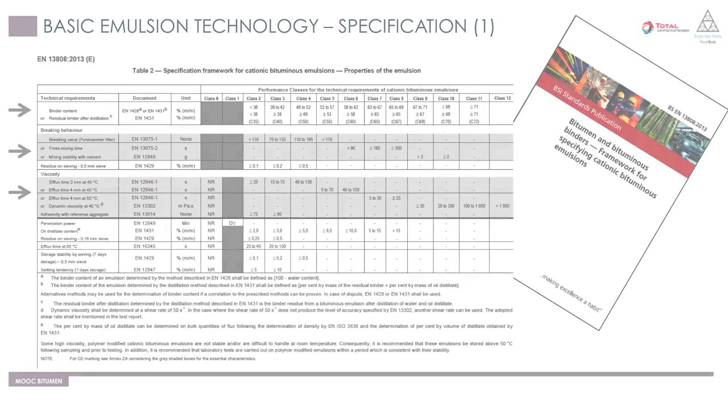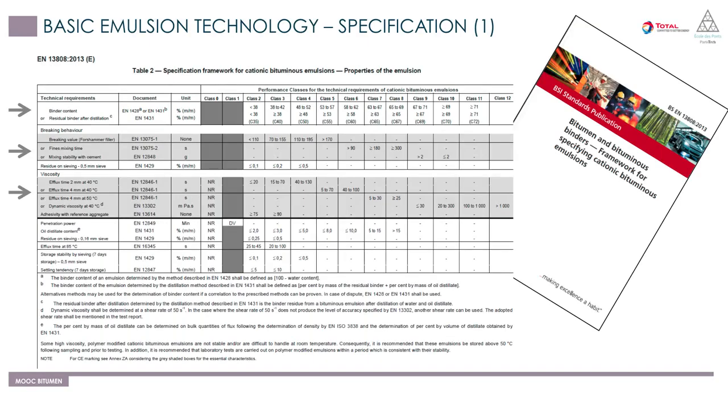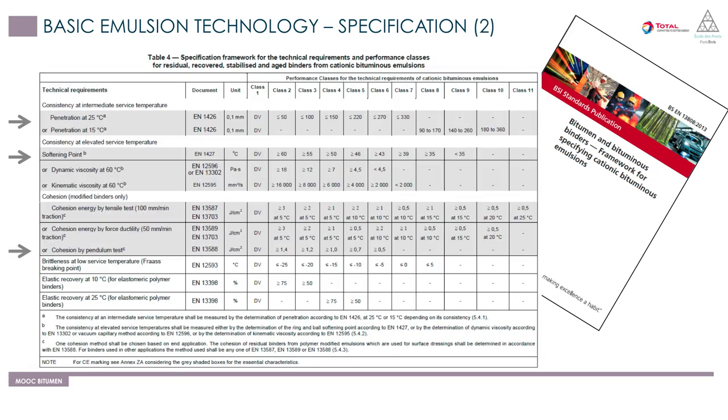Bitumen emulsions are defined according to the European specification EN 13808, which is a framework specification really classifying 4 key characteristics: bitumen content, viscosity, emulsion stability, and then the physical characteristics of the residual bitumen, which include softening point, penetration, and specifically for polymer modified bitumen, cohesion values.